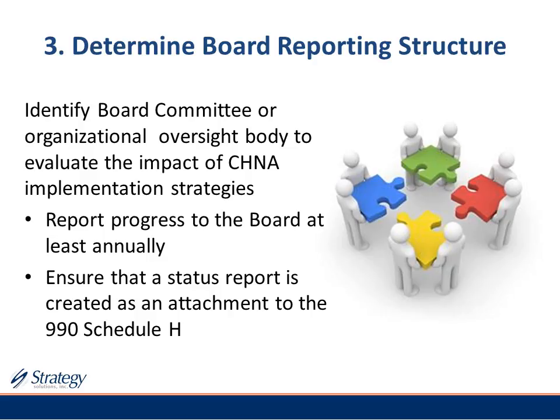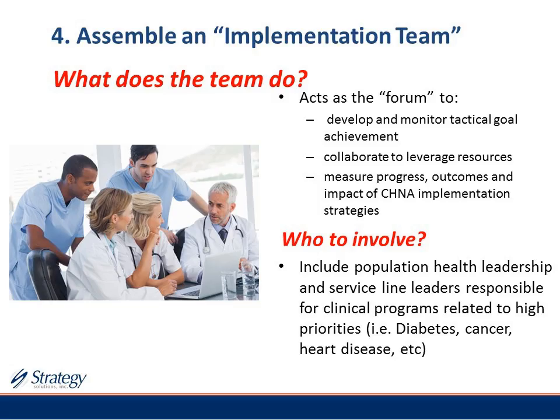You want to report your progress to the board at least annually, even though it's every 3 years that you have to put some progress in your needs assessment. You should think about ensuring that a status report is created and attached to your 990 Schedule H, because then you're demonstrating that ongoing process.